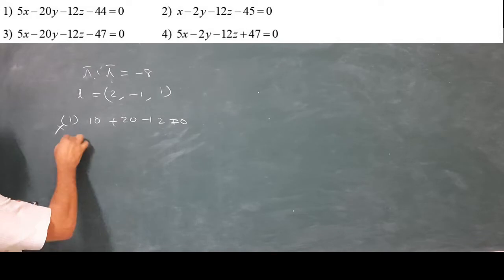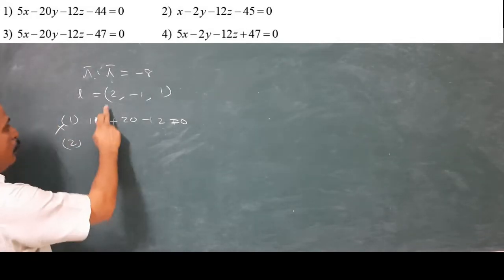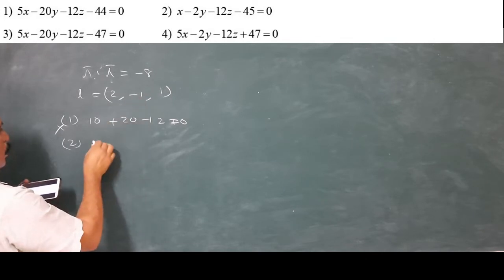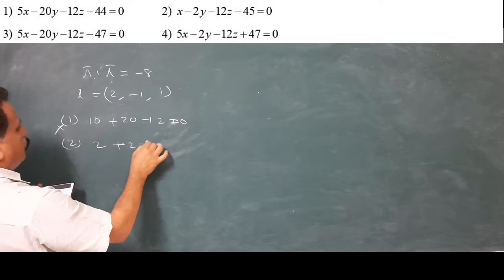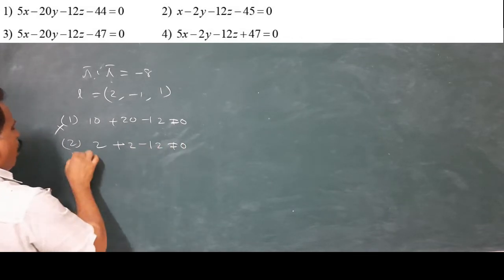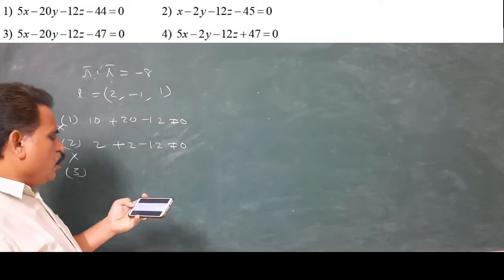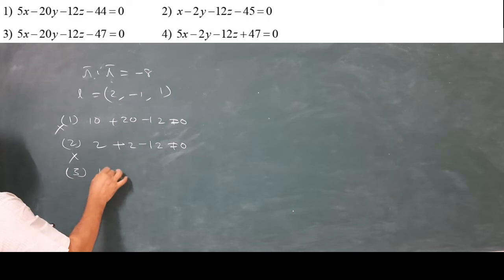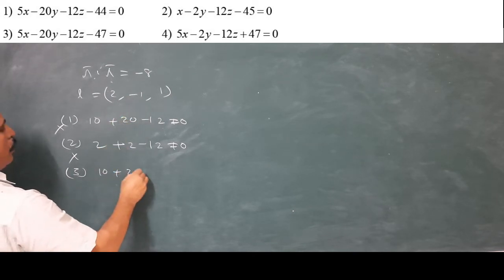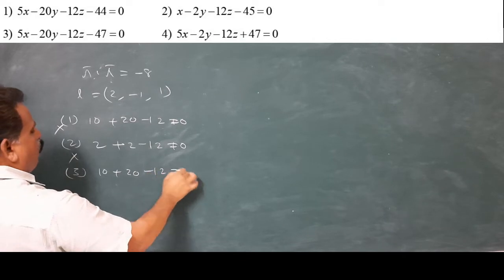Second option, normal is 1, minus 2, minus 12. That means 1 minus 2, that is plus 2, minus 12, not equal to 0, wrong. Not perpendicular. Third one, 5, 10, minus 20 plus 20, next minus 12, that becomes minus 12.